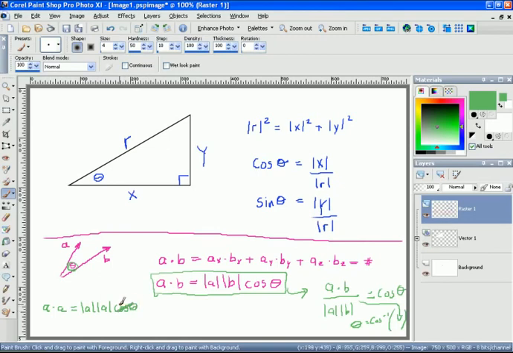So this cancels out, and you're left with A dot A is equal to the magnitude of the vector squared.